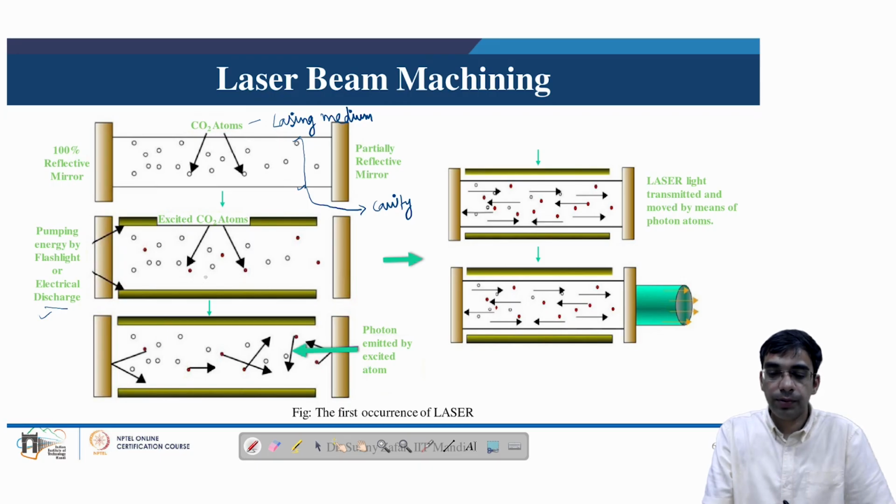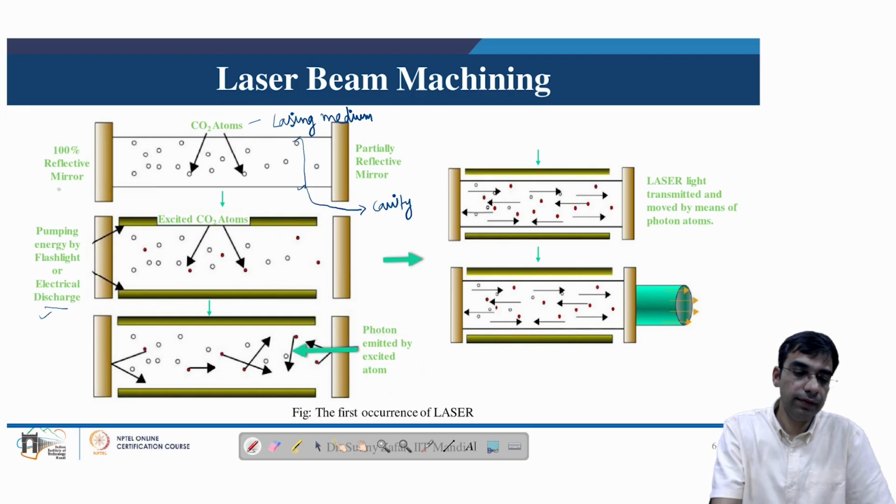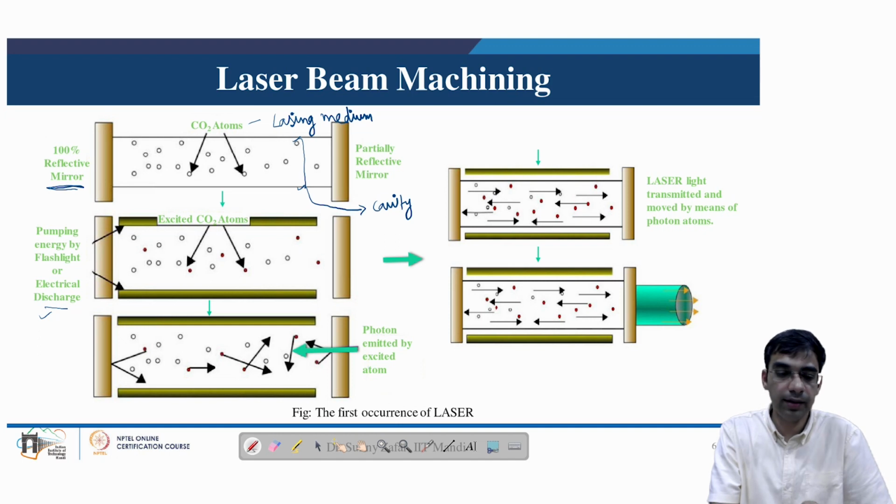And to continue the production of laser, the ends of this lasing cavity are flanked by two mirrors. On the left hand side we have the completely reflecting mirror, mentioned as 100% reflecting mirror, and on the right hand side we have a partially reflecting mirror. The completely reflecting mirror will reflect all the light back into the lasing medium, so this continues the production of the laser as long as there is pumping of the energy.